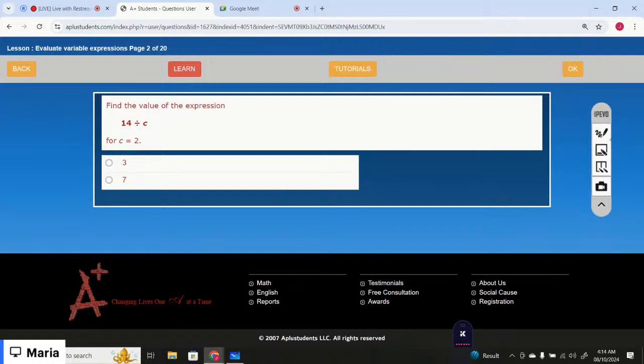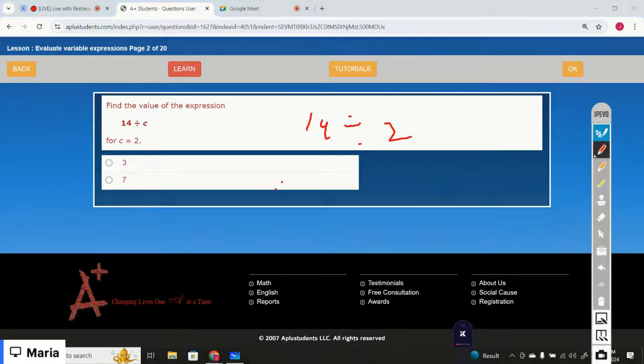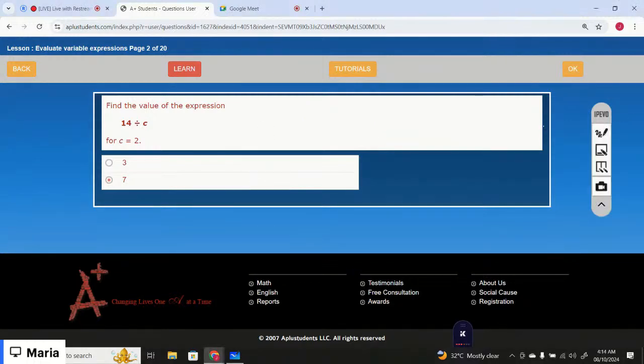So 14 divided by 2 equals 7. The correct option is 7. Option number 2 is the correct option because 2 times 7 is 14.